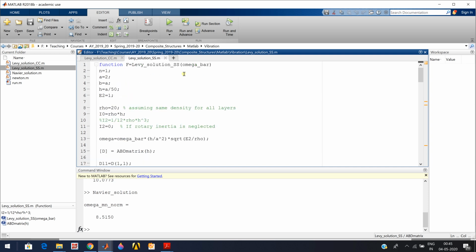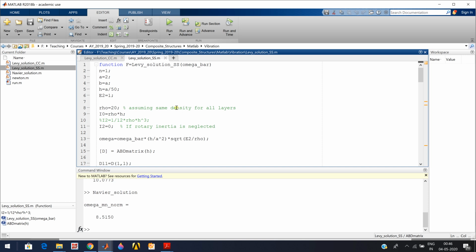And then, in this, because you have to solve the characteristic equations to get their roots, and we know that these characteristic equations will have sines, cosines, and sine hyperbolic and cosine hyperbolic, that will lead to a transcendental equation, which will have many roots, and the normal solve command will not work.